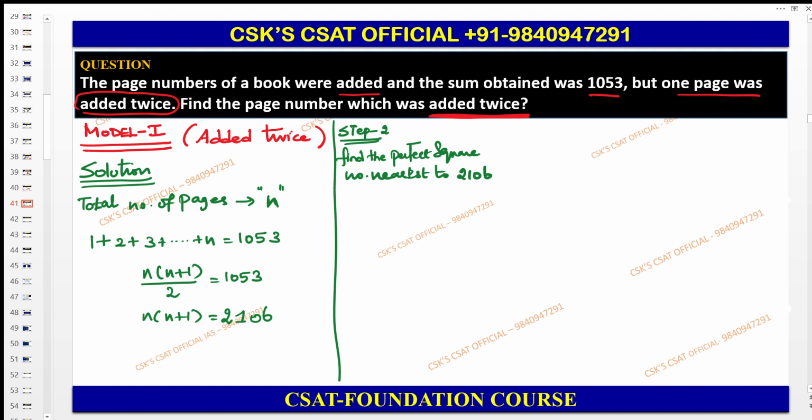If you know the tables, then it is very easy. Listen, 40 into 40 itself becomes 1600. Now what would be 45 into 45? Check with 45 into 45. It is 2025.